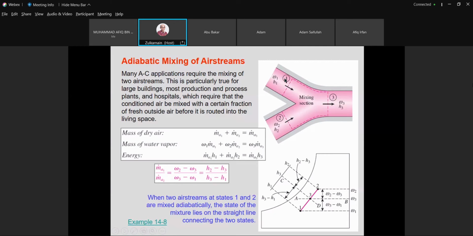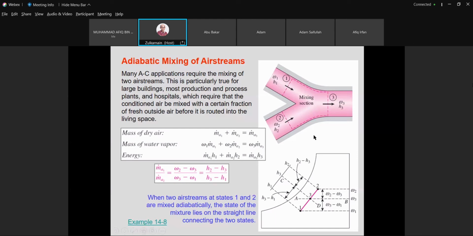Assuming this one is the fresh charge air, number 2 is the return air, which is cooler than the fresh charge air. The fresh charge air is taken from the outside air. Then it is mixed in the mixing section, or sometimes we refer to that as the mixing chamber. Then we have the final state at state 3.